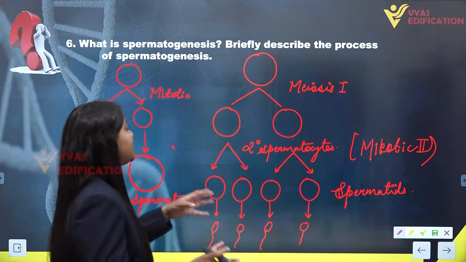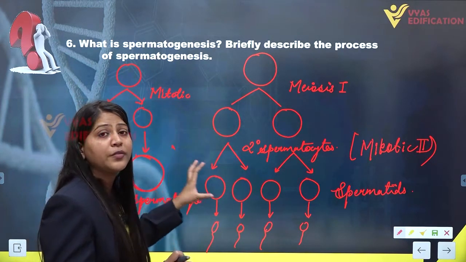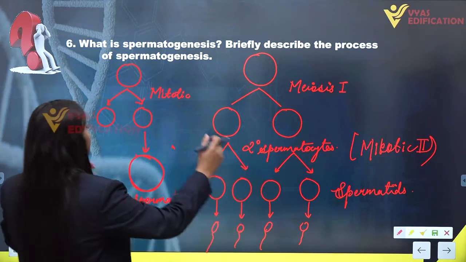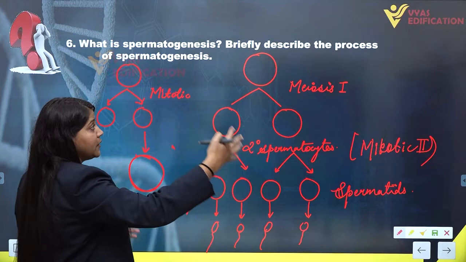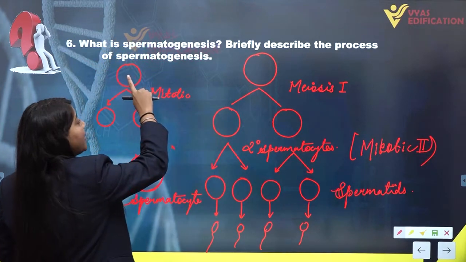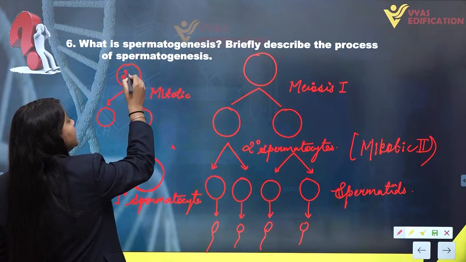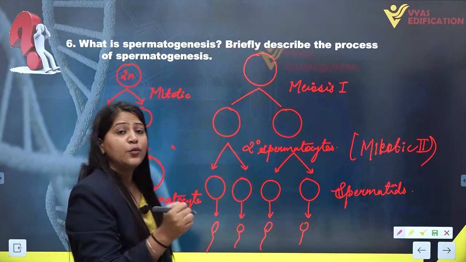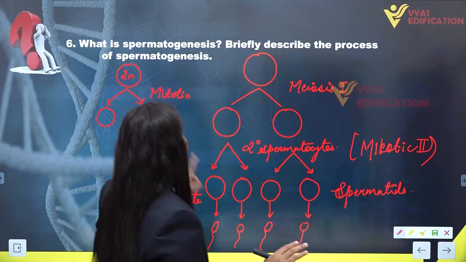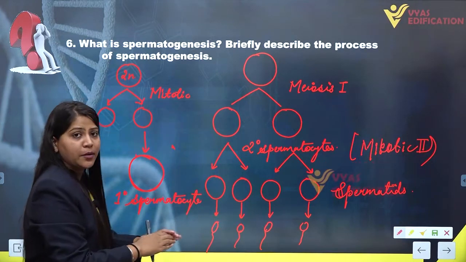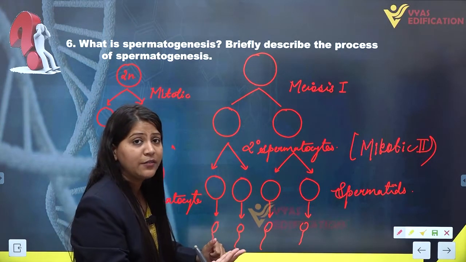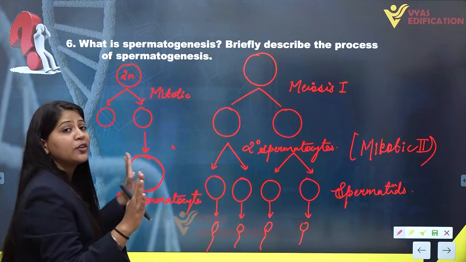Now let's discuss the ploidy level of each of the cells written here. The spermatogonium, which is the very first cell in the process of spermatogenesis, is a 2N diploid cell, which is a part of our body. Now it is undergoing mitotic division, or equational division, so there will be no reduction of chromosomes.